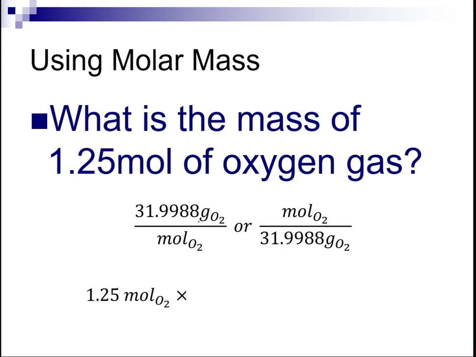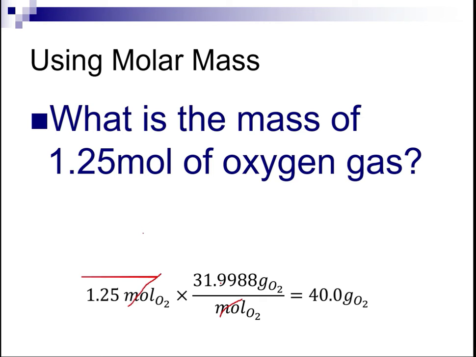So 31.9988 is the number of grams. I want to use the one that allows me to cancel, so I'm going to use this one here. When I cancel, moles cancel, and I'm left with grams, and that means I have, with 3 sig figs, 40.0 grams of oxygen. That's a lot of oxygen.